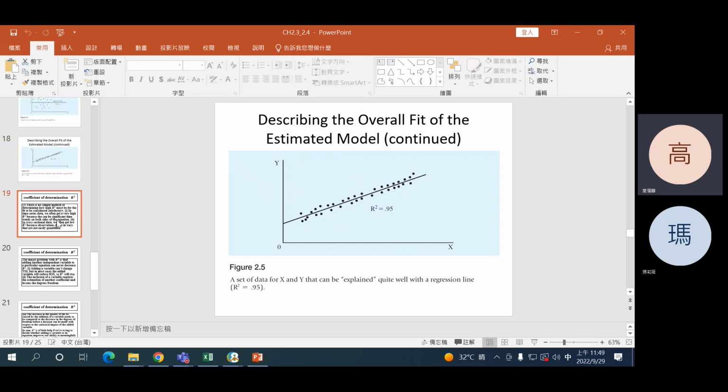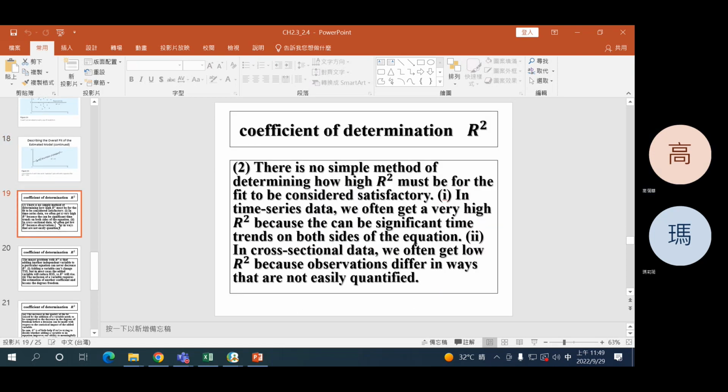And here, I'd like to answer a question, the one from Edwin. There is no simple method of determining how high R square must be for the fit to be considered satisfactory.